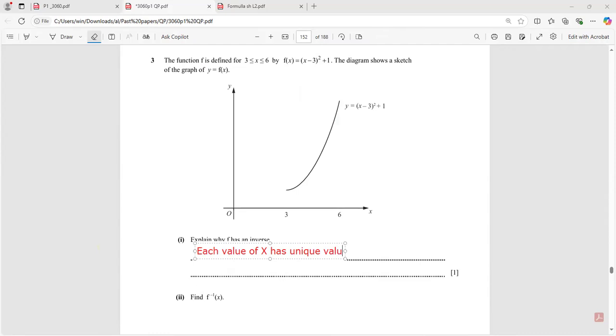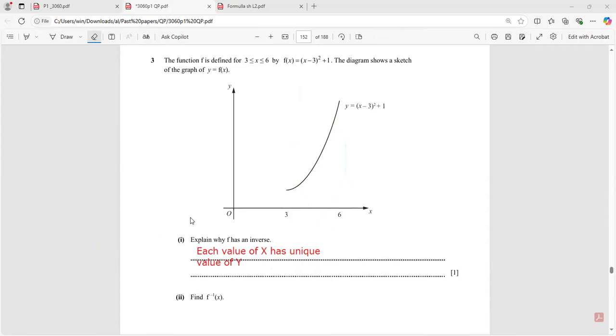So this is the same as asking why f is a function, but he asks it in a different way. Each value of x, so the 3 has a different value, the 4 has a different value, the 5 has a different value. No one has two points, like a scatter.